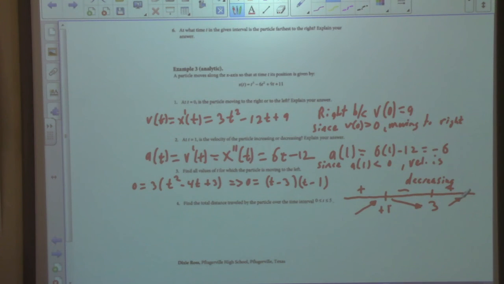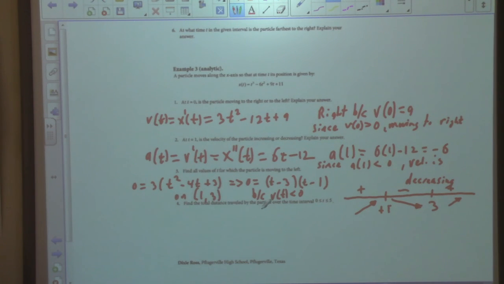So what is our answer here? 1 to 3. Okay, and what is our justification? Because v(t) is less than 0. So on the interval of 1 to 3.